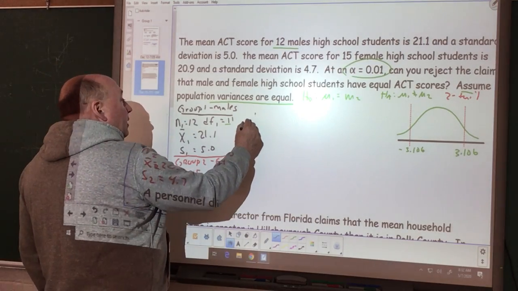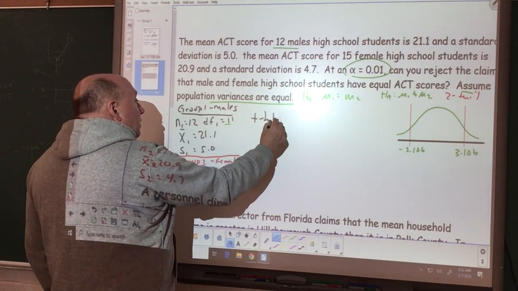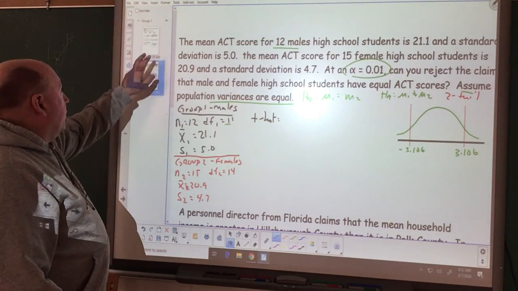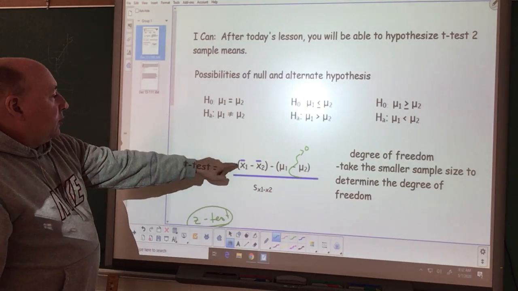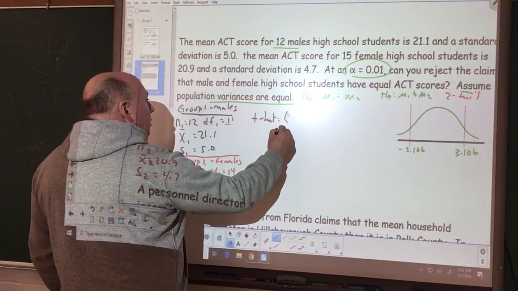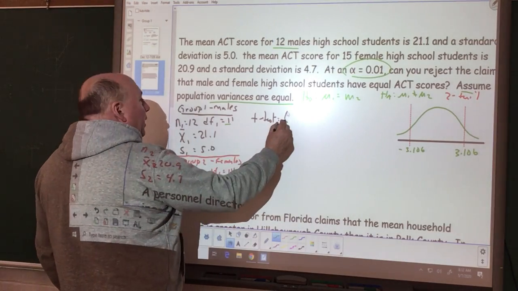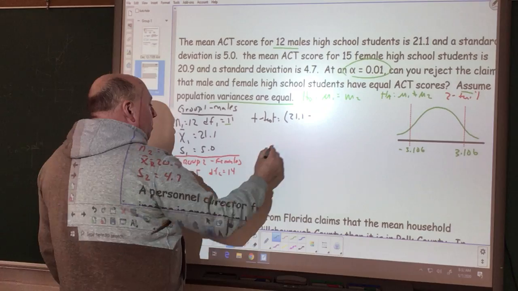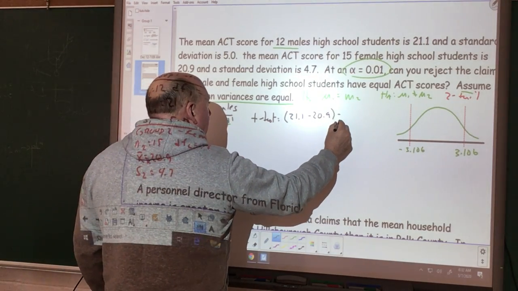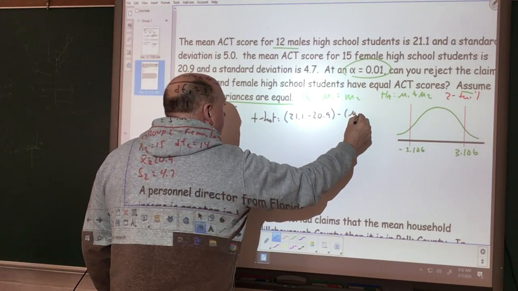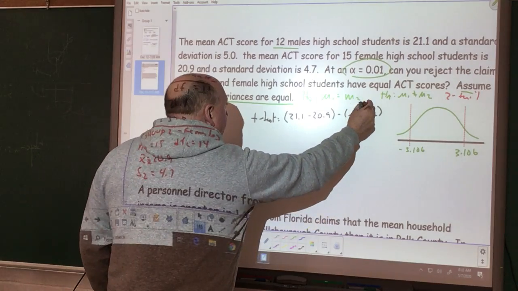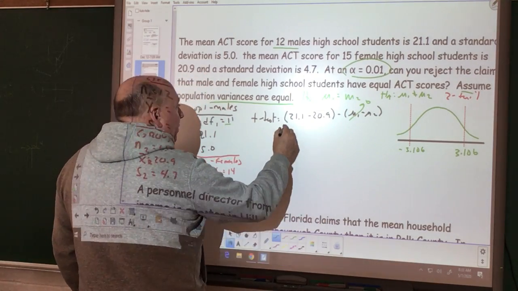Our t-test. We have x bar 1 minus x bar 2. So we have x bar 1, which is 21.1 minus 20.9, minus mu1 minus mu2, which we said this goes to a value of 0.